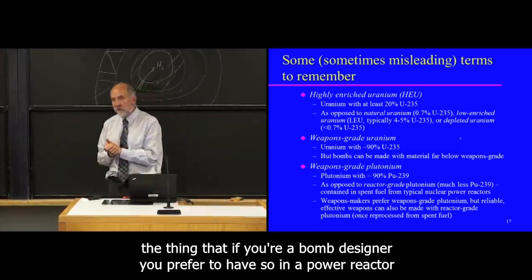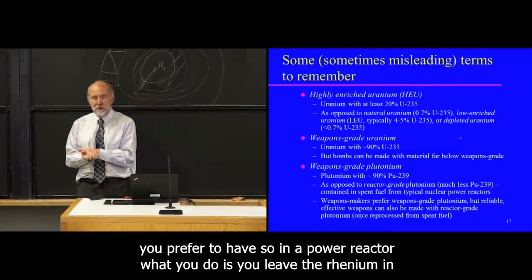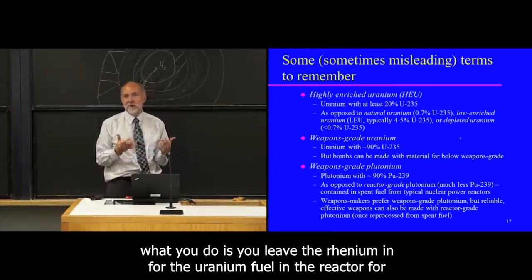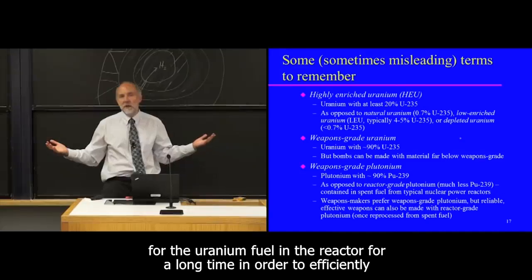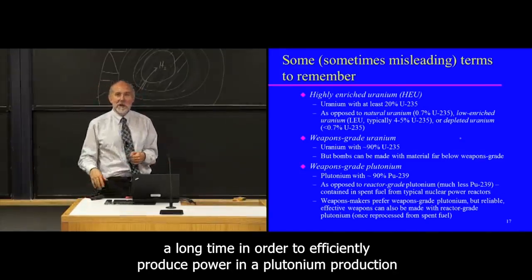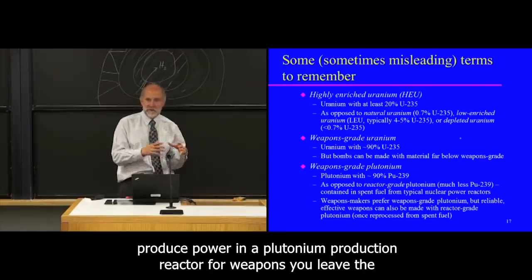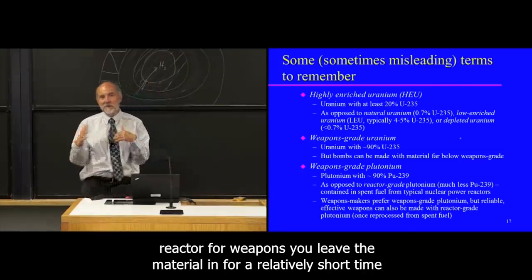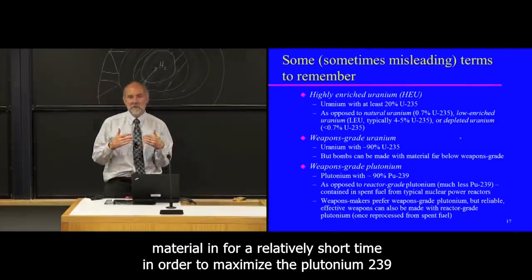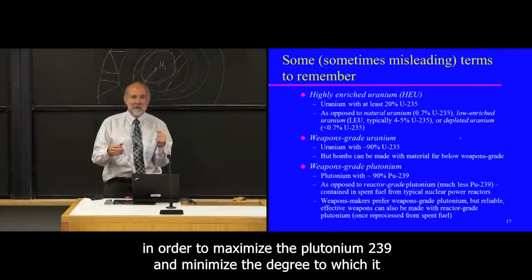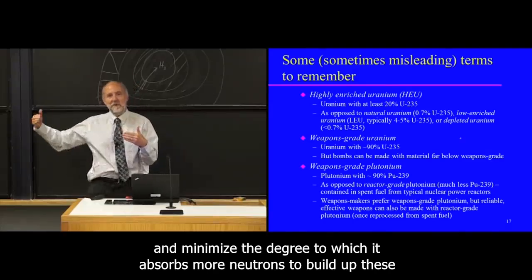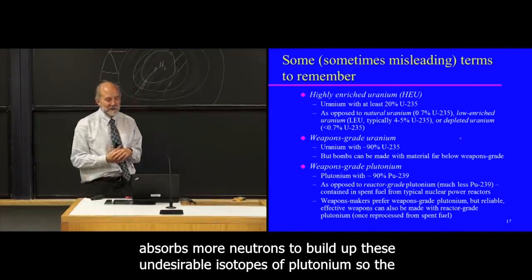So in a power reactor, you leave the uranium fuel in the reactor for a long time in order to efficiently produce power. In a plutonium production reactor for weapons, you leave the material in for a relatively short time in order to maximize the plutonium-239 and minimize the degree to which it absorbs more neutrons to build up these undesirable isotopes of plutonium.